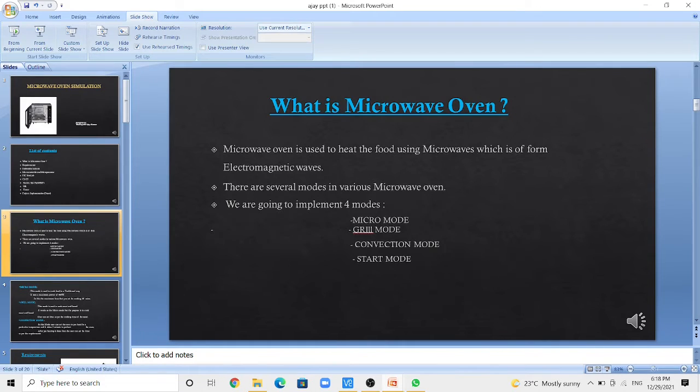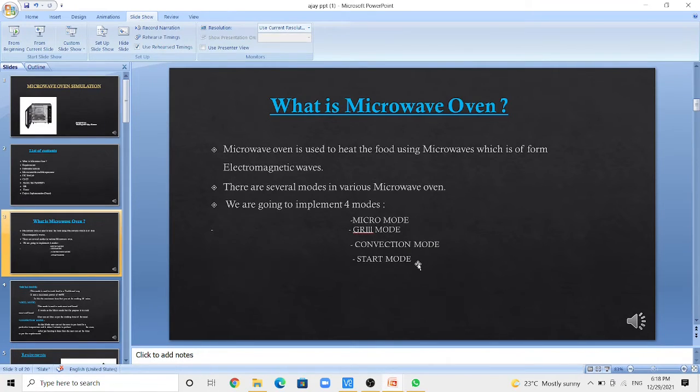There are several modes in a microwave oven. In general a microwave oven consists of several modes, namely micro mode, grill mode, convection mode and start mode.